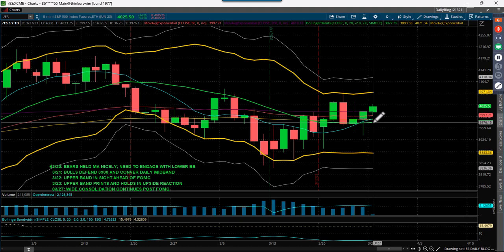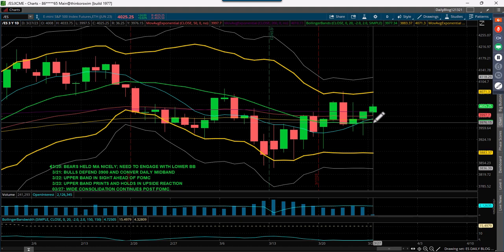Until one side or the other wants to put a leg together. And that would be, at this point, the bulls converting 40.80 and trying to get up above 4,100 and go. Or the bears converting 38.50 and trying to take this down. What you are left with is a very wide range that could get battled over into the summer.